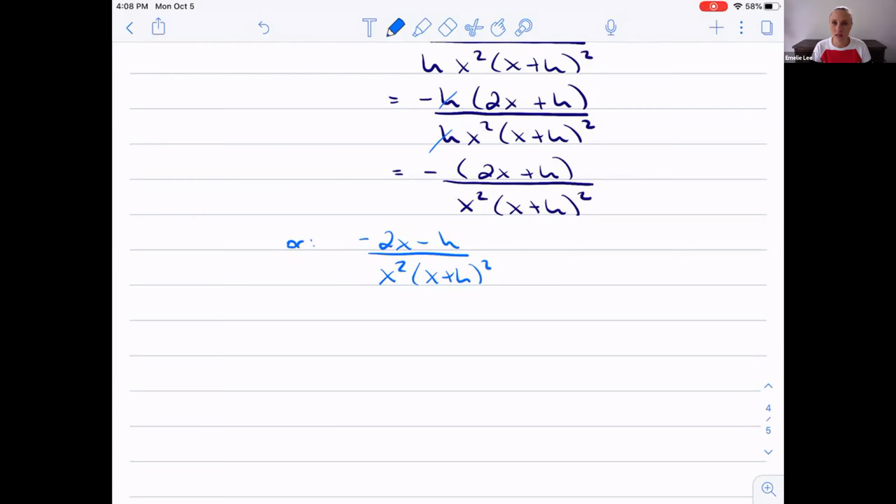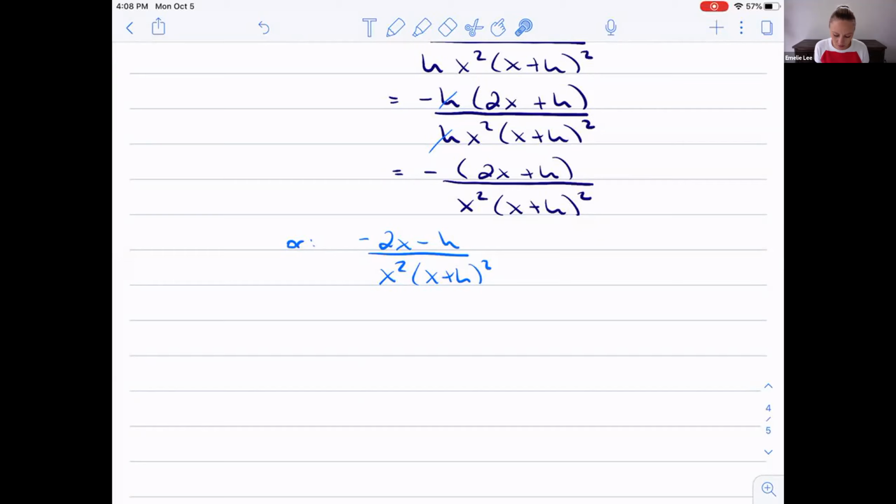I'm trying to think if I have, where did I put it? I did grab a copy of the practice test. I'll see if there's a difference quotient on there. So if you have the negative outside, then you have to have the brackets up here.